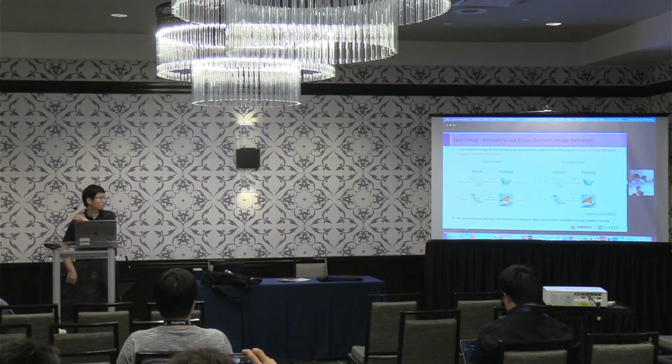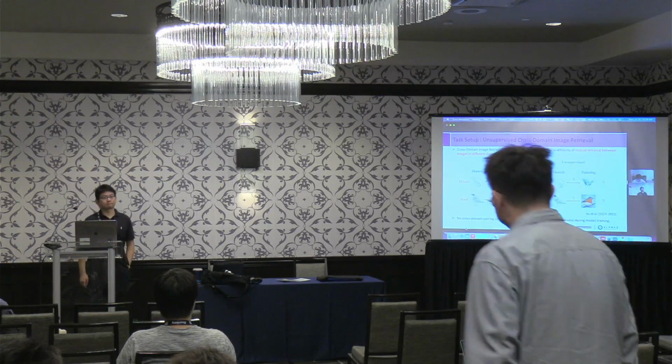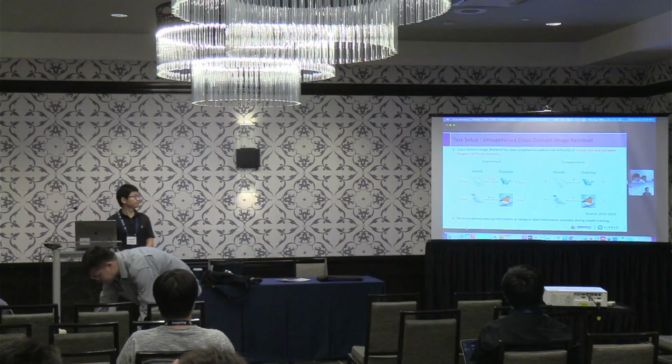The dog in the picture, the dog in the sketch, and the dog in the cartoon have no labels or correspondence. That means no cross-domain pairing information or category label information is available during model training.